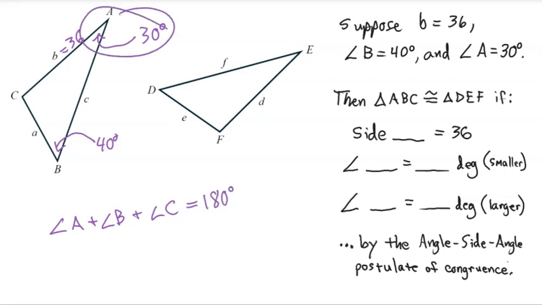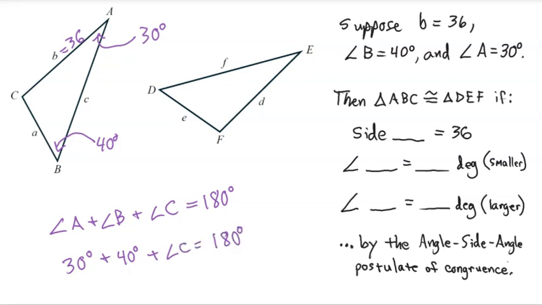Well, angle A is 30 degrees, plus angle B is 40 degrees, plus we don't know angle C yet, but we know that it has to equal 180 degrees. Well, 30 and 40, that makes 70.